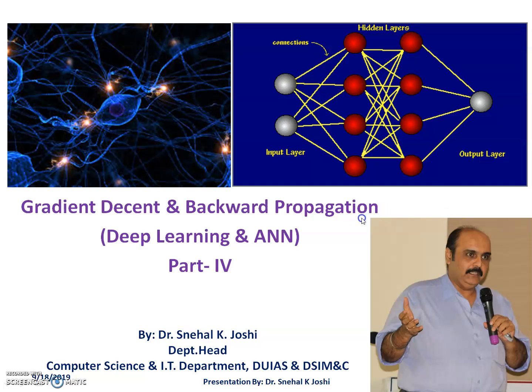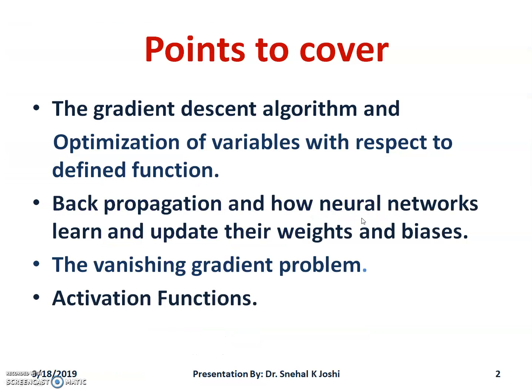In this video lecture, we will learn about gradient descent and understand its need to know about backward propagation. We will go through four aspects related to backward propagation step by step in these and coming lectures. First objective is to understand what the gradient descent algorithm is and its concepts.